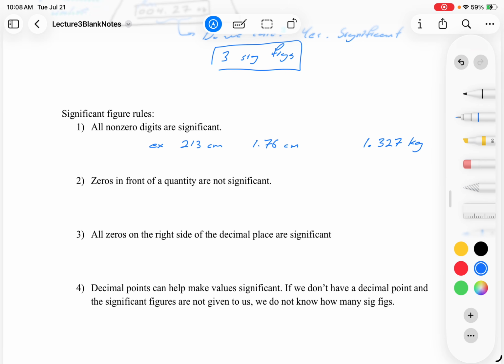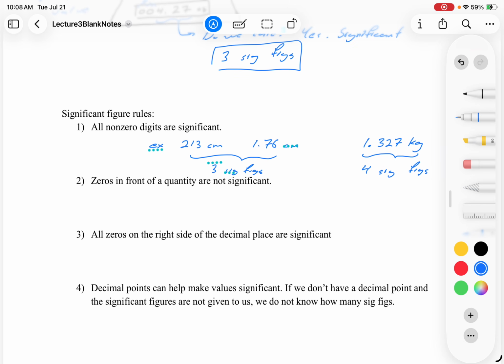Look, all of these are non-zero numbers, and all non-zero digits are significant. So this is 3 sig figs, 3 numbers that actually mean something. And this is 4 sig figs, 4 numbers that actually mean something.